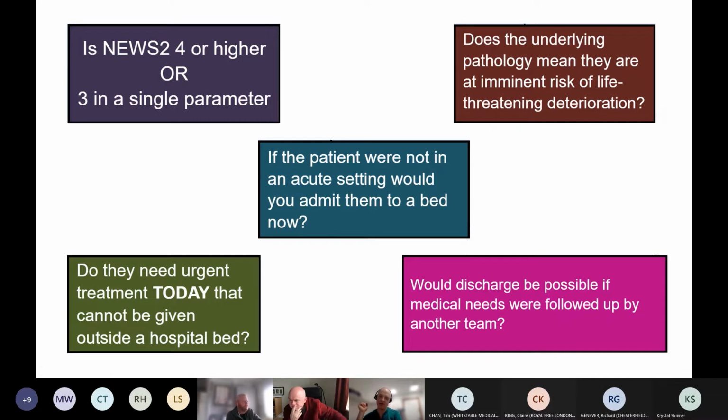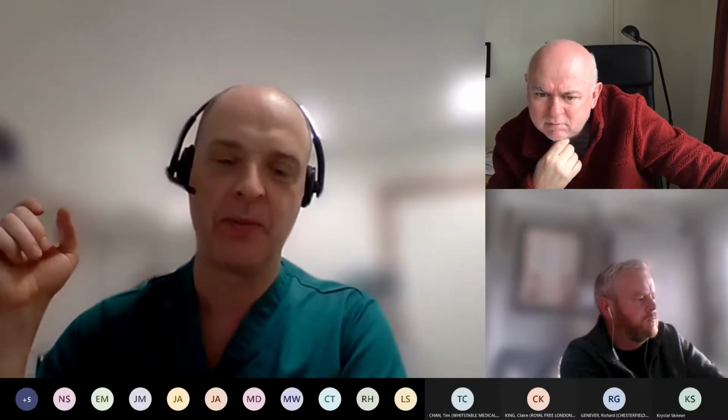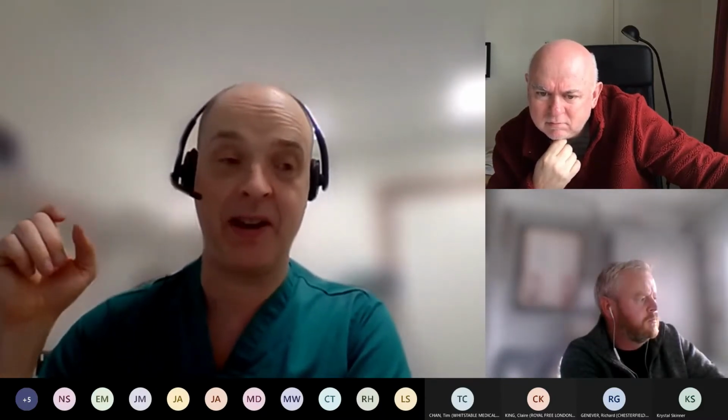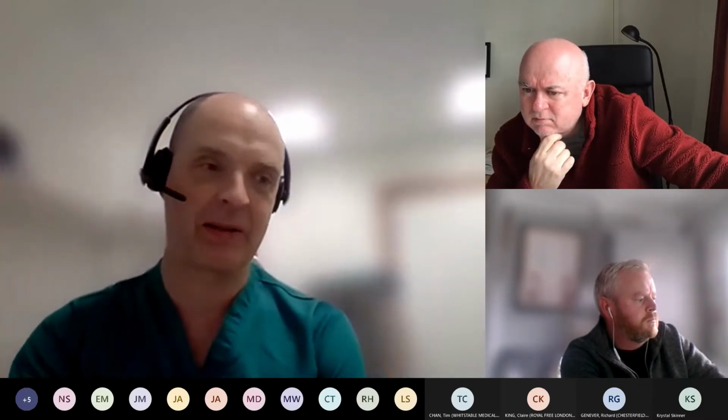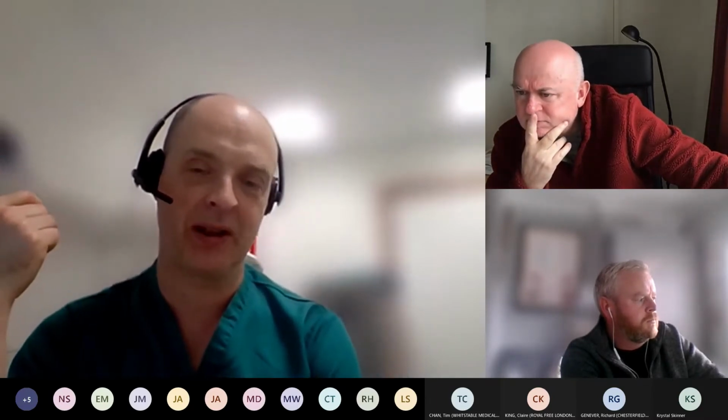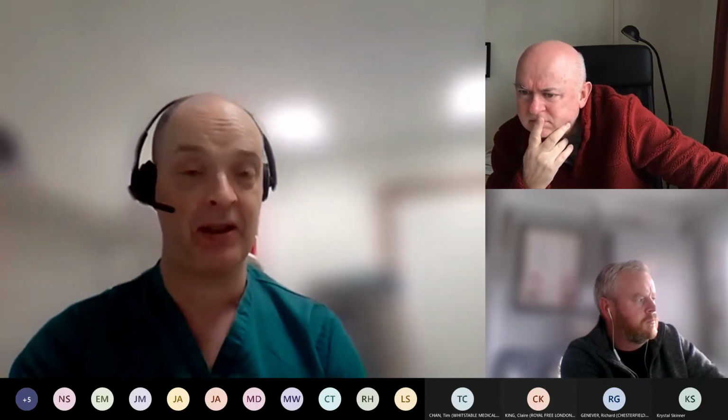Or if not, could we make sure that person, if they do come in, is identified for rapid discharge the following morning? There are particularly frail people who can't go home overnight. It's not a reasonable thing to do, but if they're flagged up at the point of admission, then with a bit of support we might get them out of the door tomorrow morning. So they don't follow the system and get sucked into the system, by identifying them as a potential rapid early discharge.